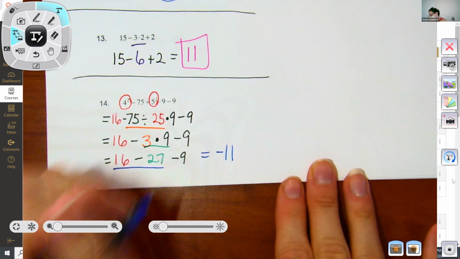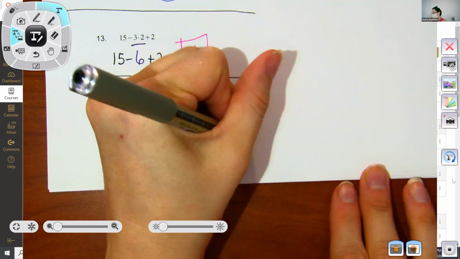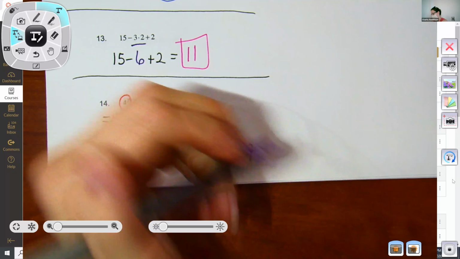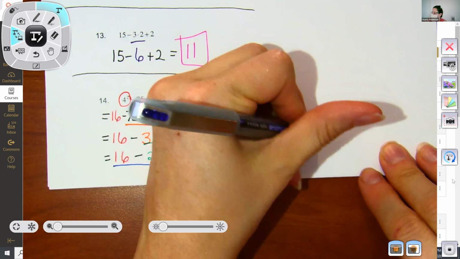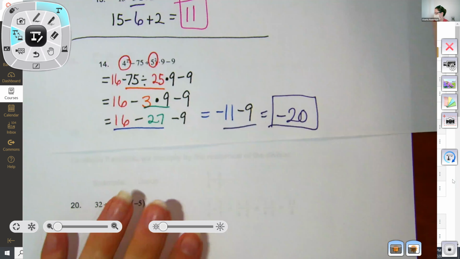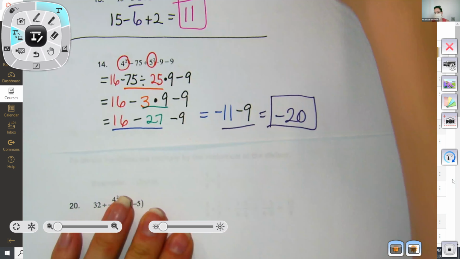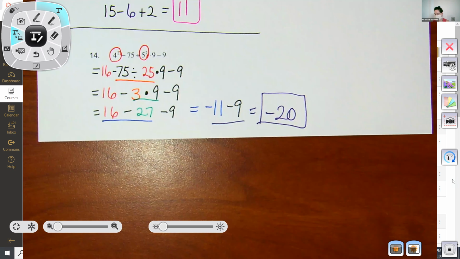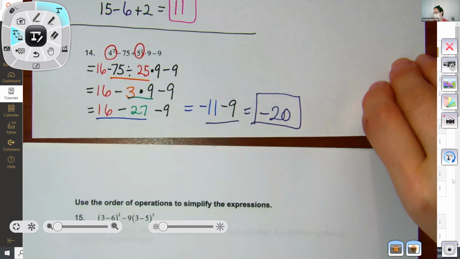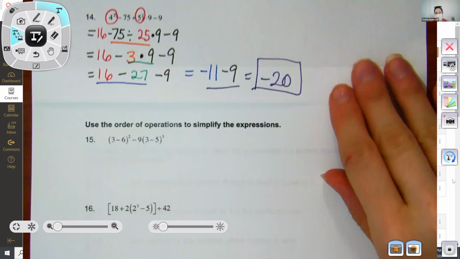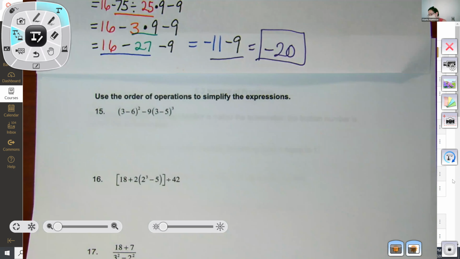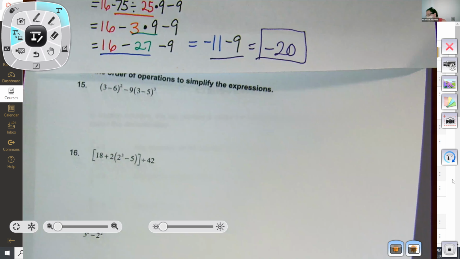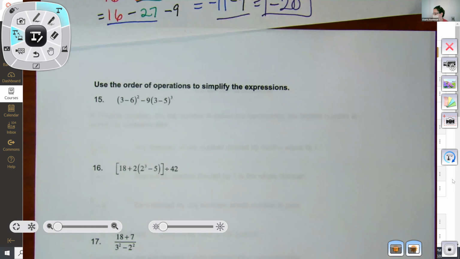And then negative 11 minus 9 would equal negative 20.